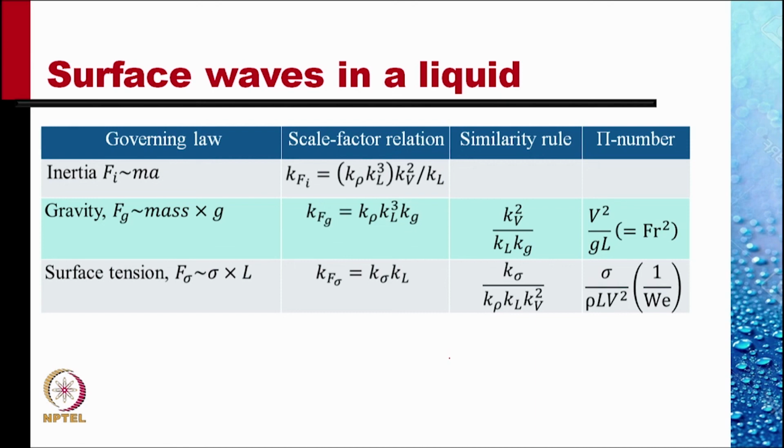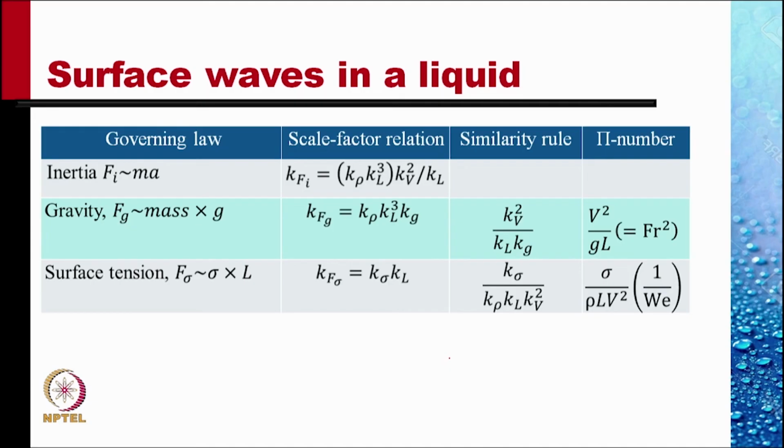From this, we get 2 similarity rules. Kv square divided by KL Kg should be 1, and K sigma divided by K rho KL Kv square should be 1, and from this we get 2 pi numbers. V square by gL in the 2 flows, the model and the prototype, should have the same value, and sigma over rho L V square should have the same value in the 2 flows.